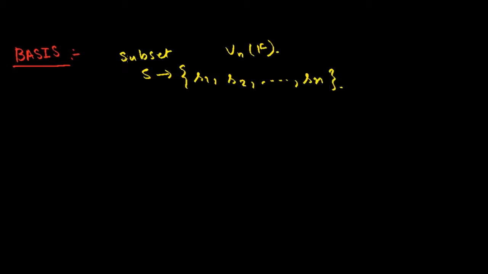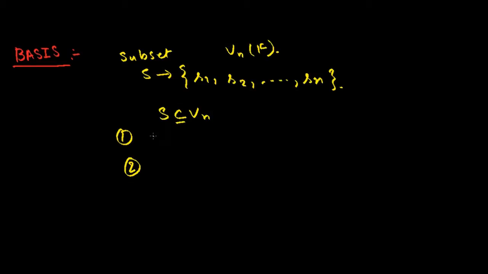So basis is nothing but a subset of Vn basically, and it satisfies these two properties.